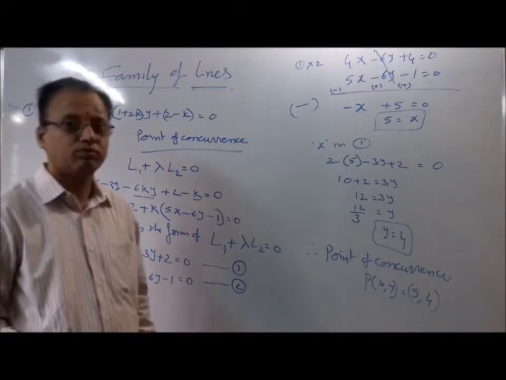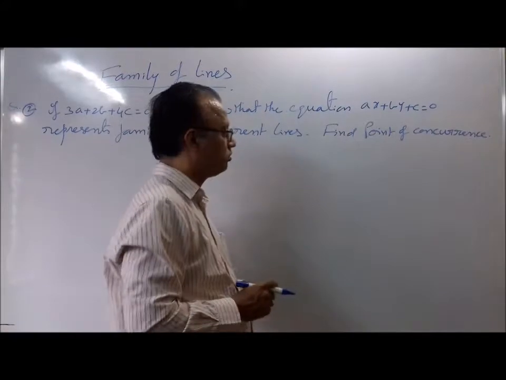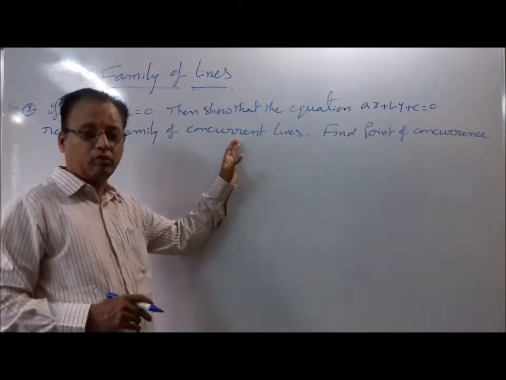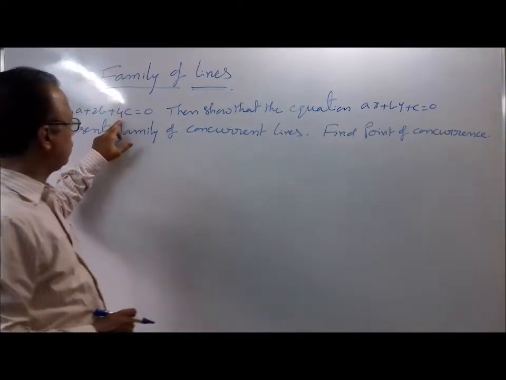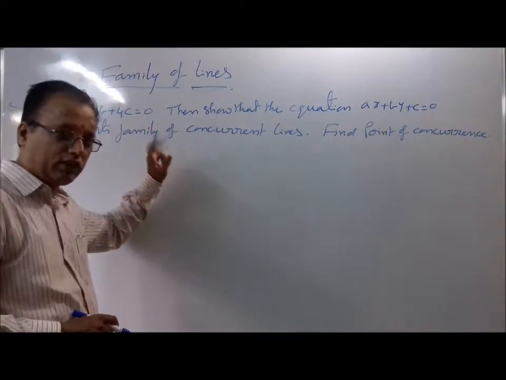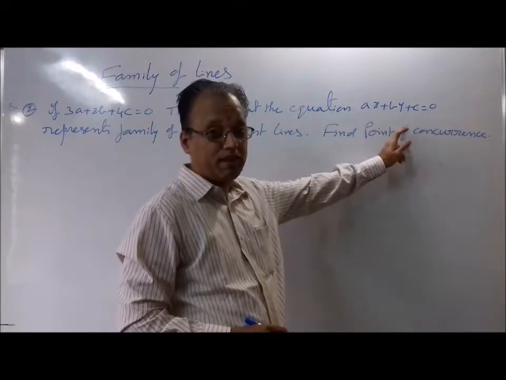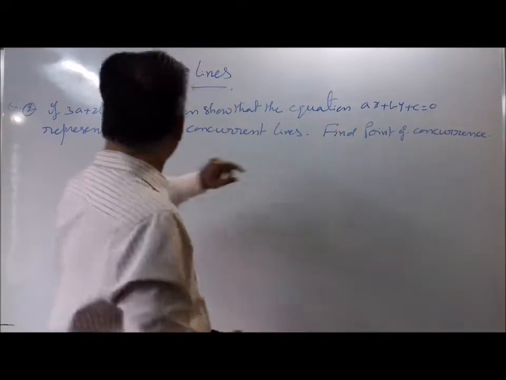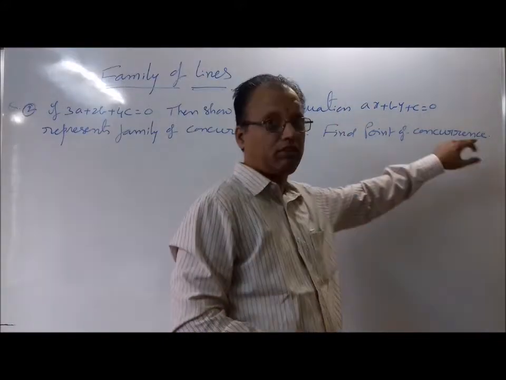So we do the next problem. See the second problem on the family of lines. If 3a plus 2b plus 4c equal to 0, then show that the equation ax plus by plus c equal to 0 represents a family of concurrent lines. Find the point of concurrence.